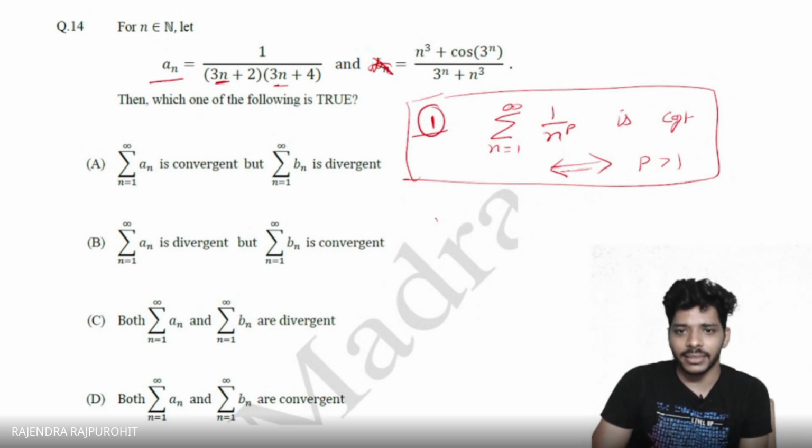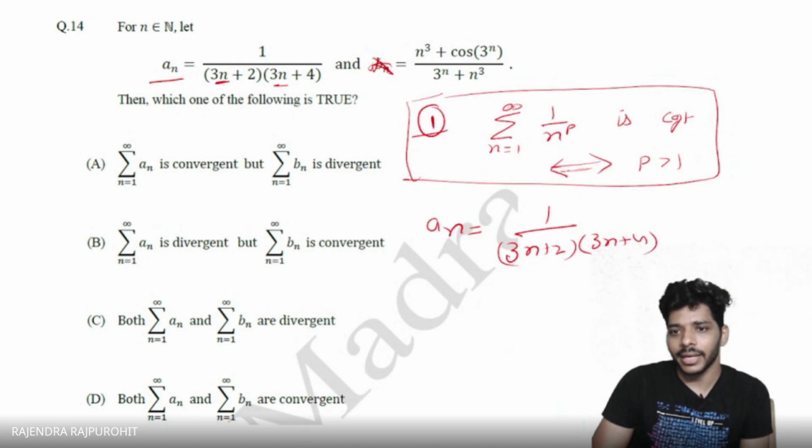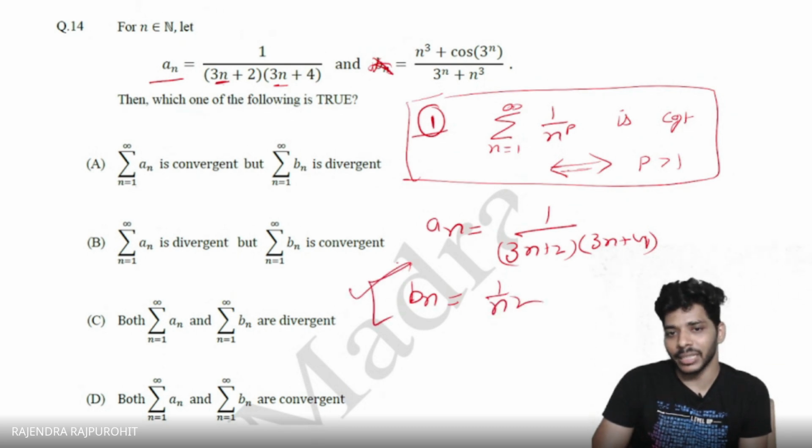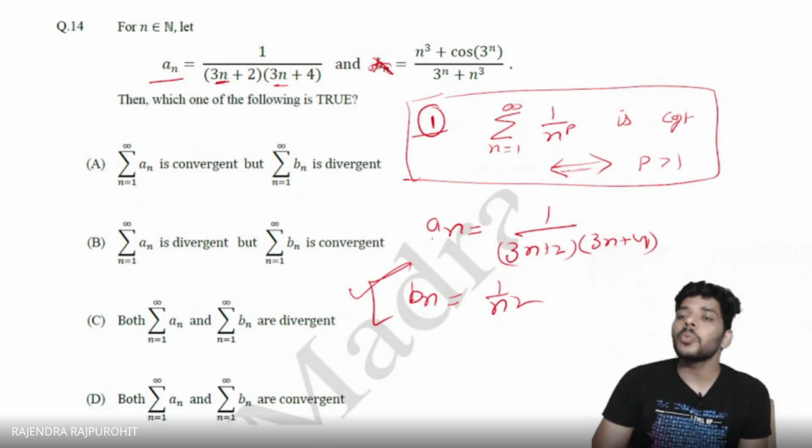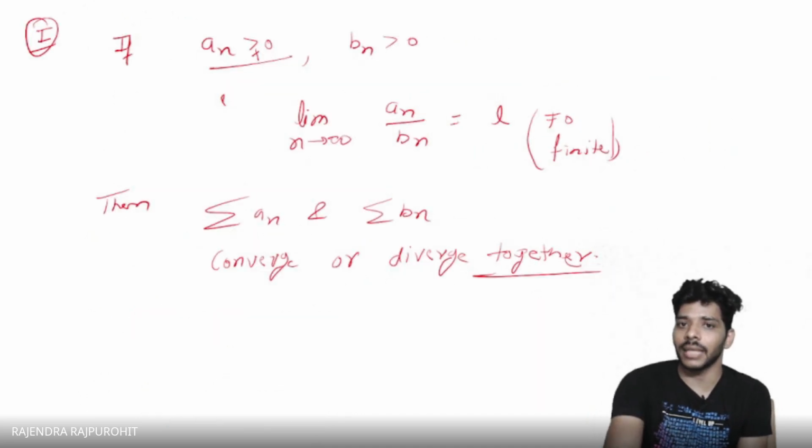My a_n is equal to 1 upon (3n plus 2)(3n plus 4), and there is n square in the denominator, the highest power I will look for. So I'll choose b_n equal to 1 upon n square. I have selected this depending on the kind of sequence. I looked at the highest power, and second, that it is of positive terms. It must be of positive terms, then only the test is applicable.